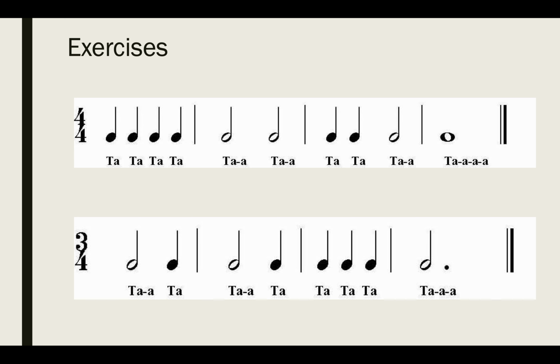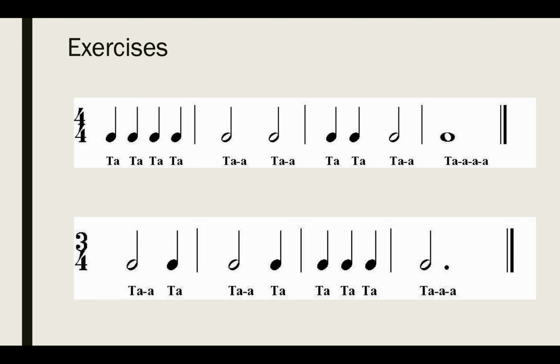So a dotted half note gets 3 counts, because you have 3 4. So when you see a dotted half note, that's 3 counts. The dot actually varies in its equivalent, but we'll not go there.